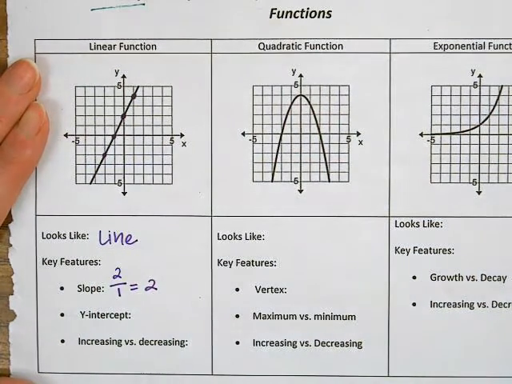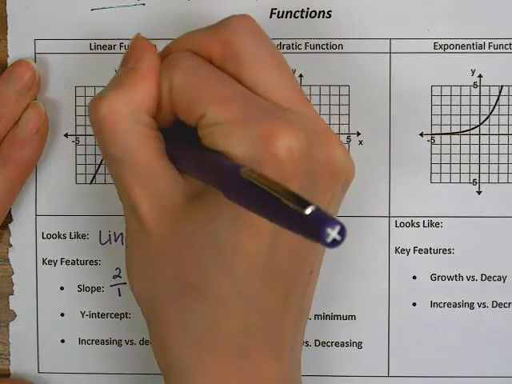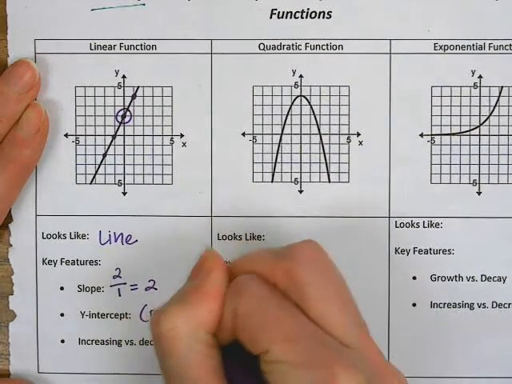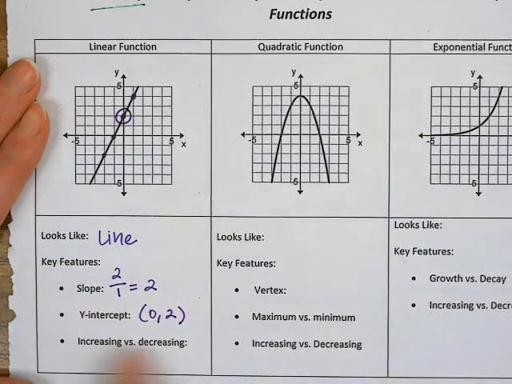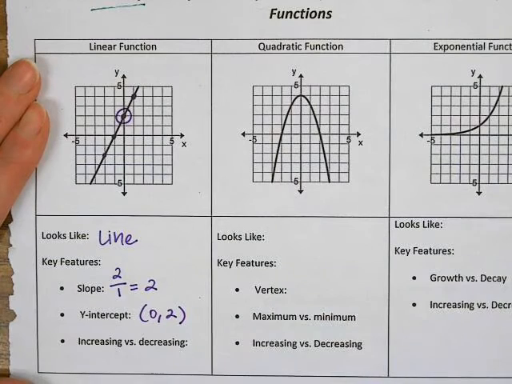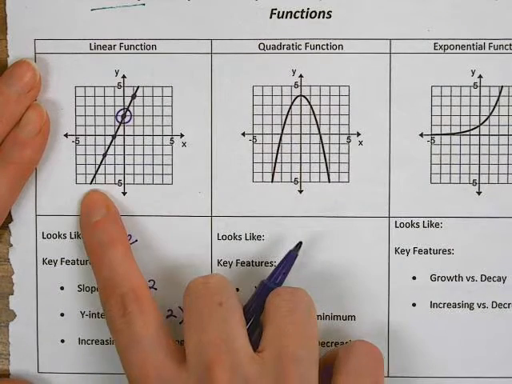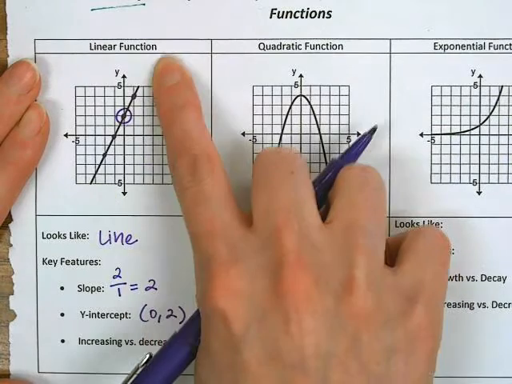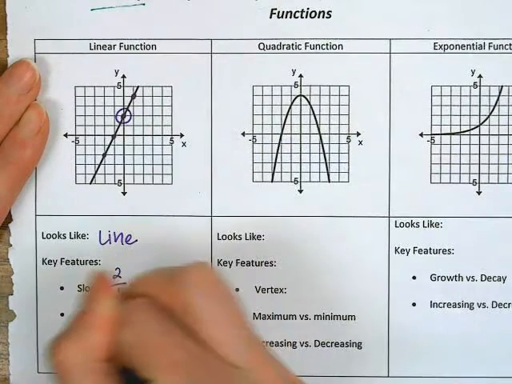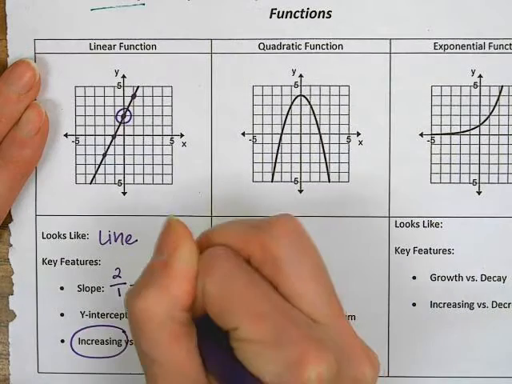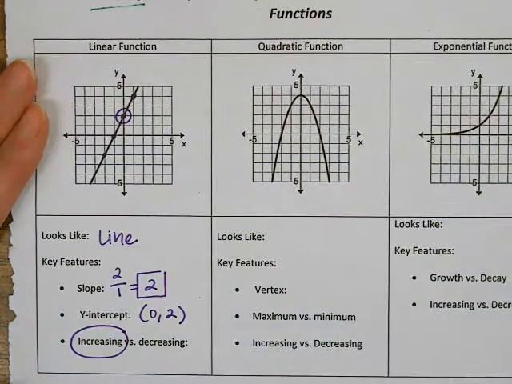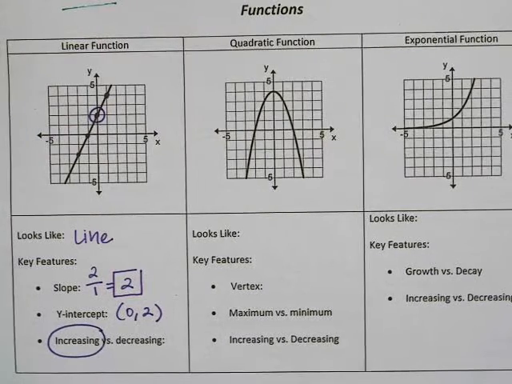The y-intercept is where the line hits the y-axis, and that is right here up at 0, 2. And then we want you to say, is the line increasing or decreasing? Well, if you look from left to right, you always look left to right, the line is definitely increasing, and we also would have known that because it has a positive slope. All right, so that's all you need to know how to say for a line.